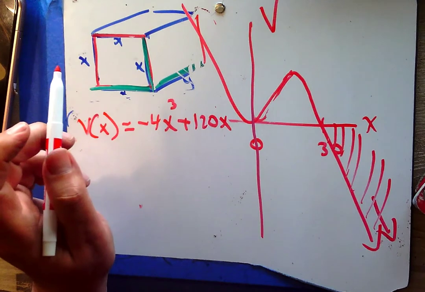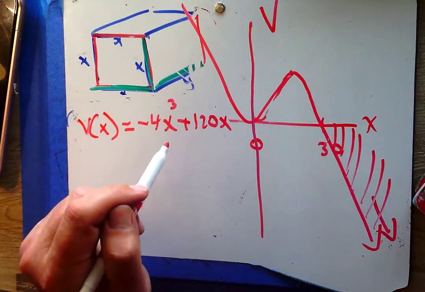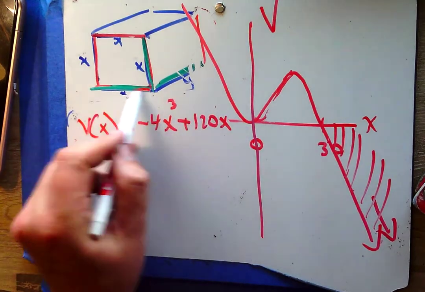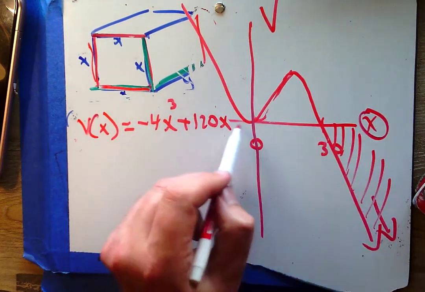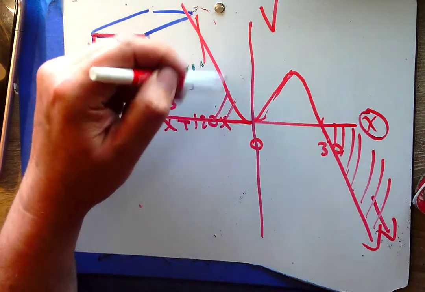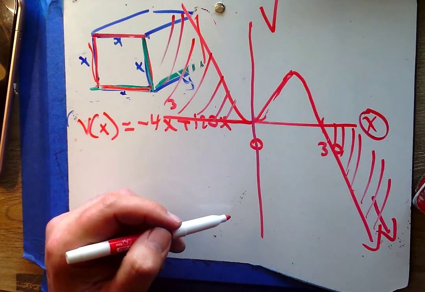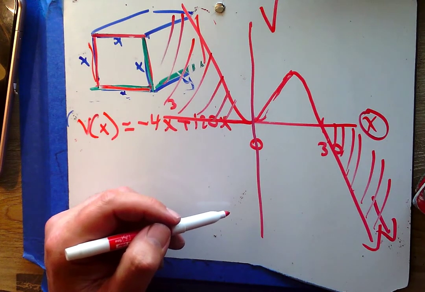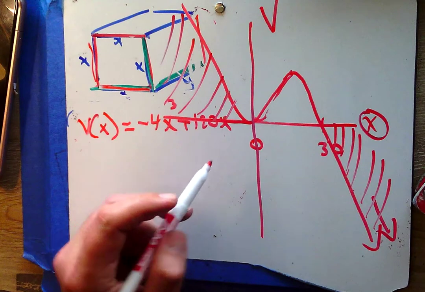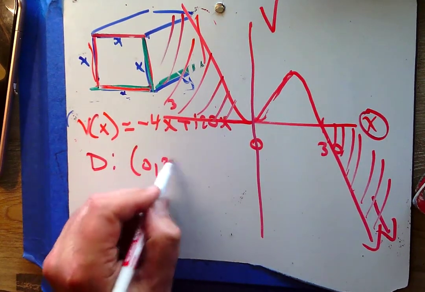That'd be so cool. But right now, no boxes with negative volume. Now, these are x's, right? Can you have a box with a negative side length? No, no negative side lengths to our box. I dare you, make a box with a side length of negative 5 inches. And so it looks to me like our domain is going to be 0 to 30.